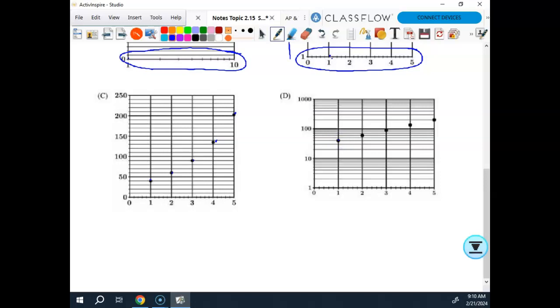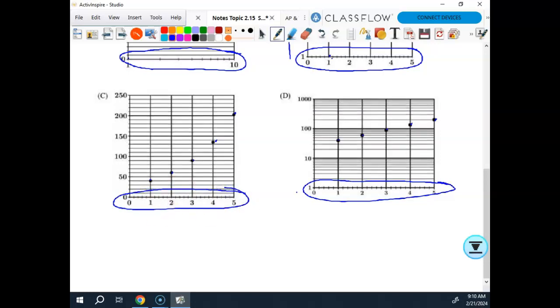Yes. 260? 390? 135? 203? Yes? Okay, so this is evenly spaced. This is evenly spaced. Is this logarithmically scaled? Yes. Is this? No, it's equally spaced also. My answer is D.